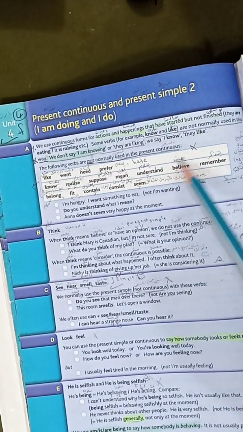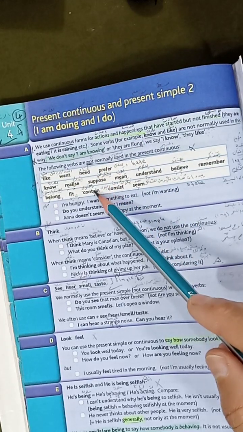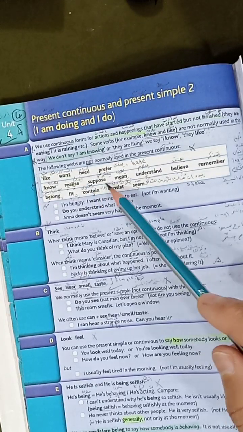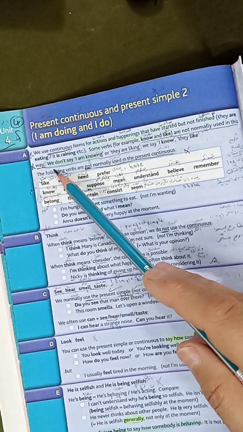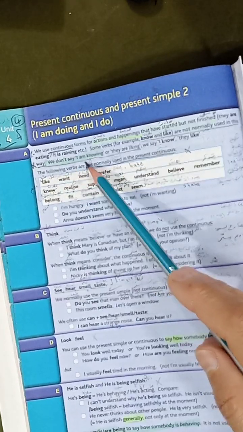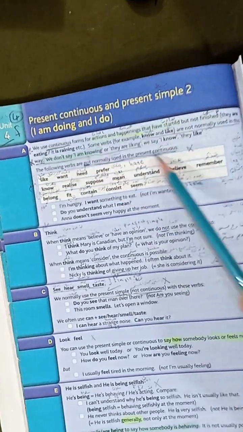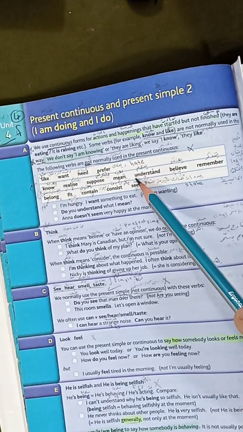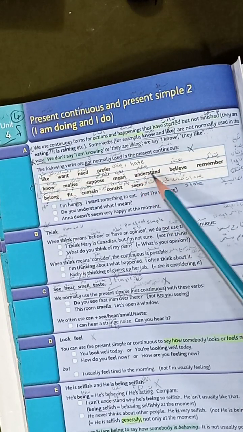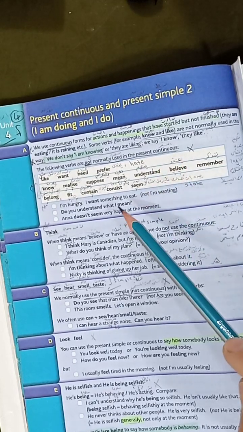All these verbs are stative verbs, and we explained this form of verb, and we said we don't say I am knowing. We can't use these verbs in the present or present perfect continuous.